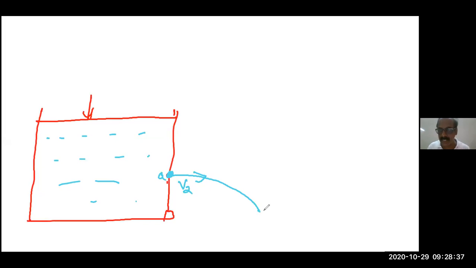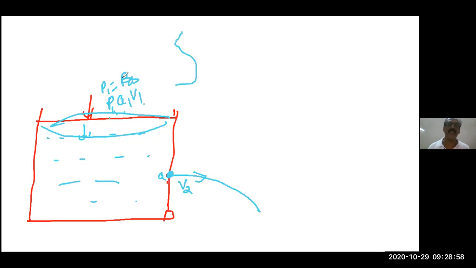When this is coming down, the water level here will come down, right? Till that level. So here we can write pressure initially P1, A1, V1. A1 means area of the surface. So P1 we can say is equal to atmospheric pressure. Here the pressure exerted is atmospheric pressure only.